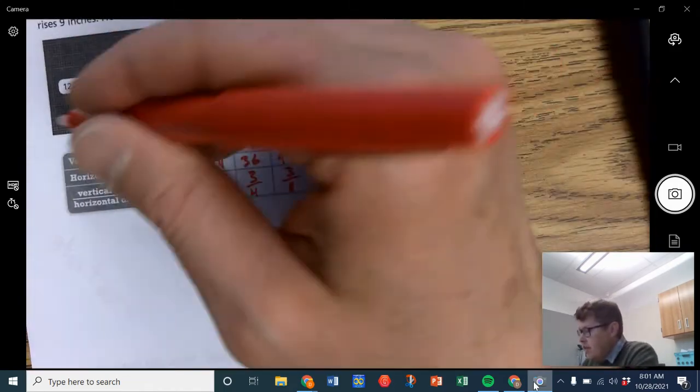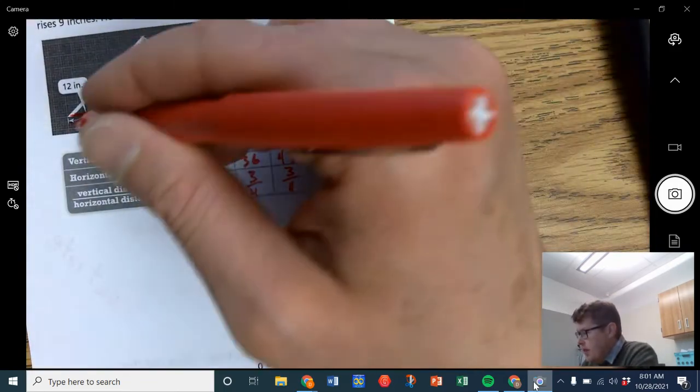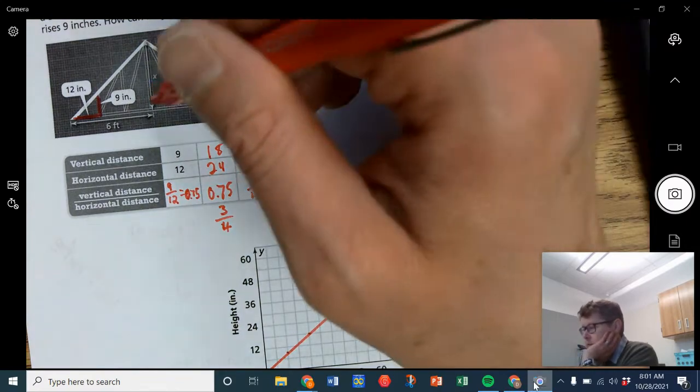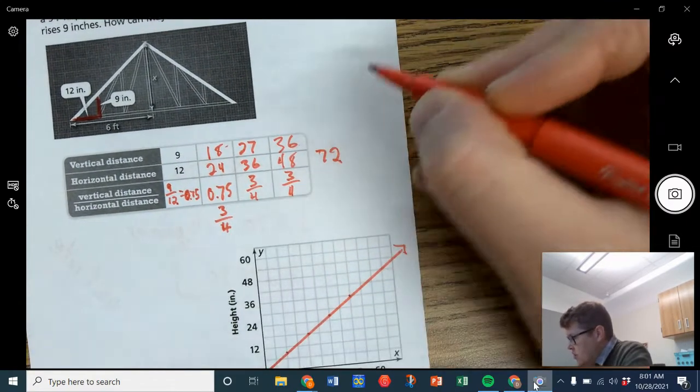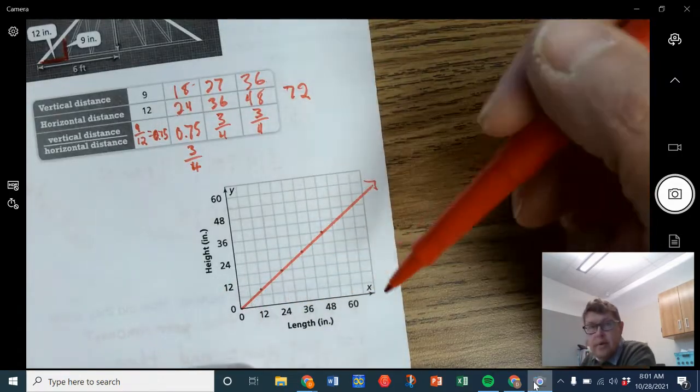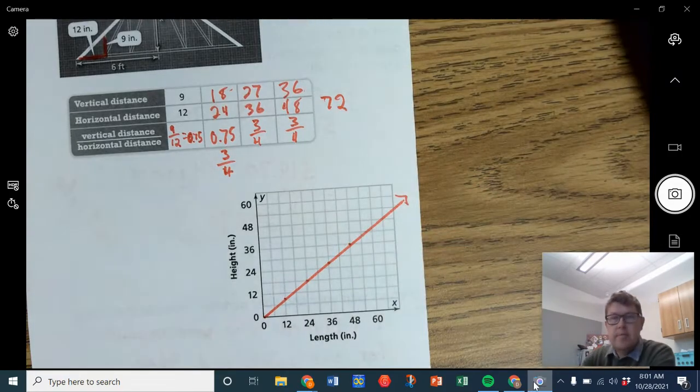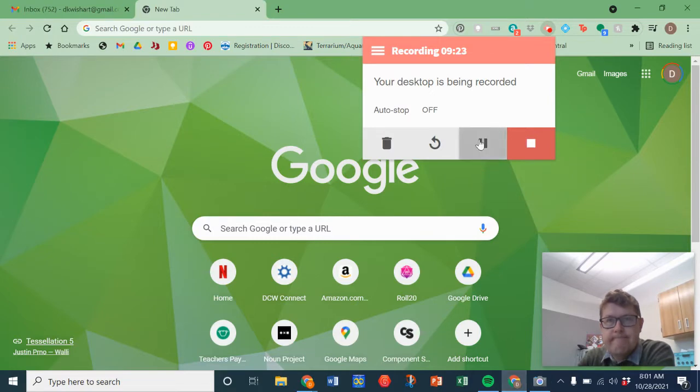So this distance is 72 inches, the horizontal distance. And it's actually going to go off the grid right here, so that's not great. Sorry about that, guys.